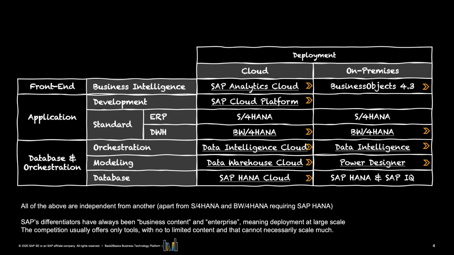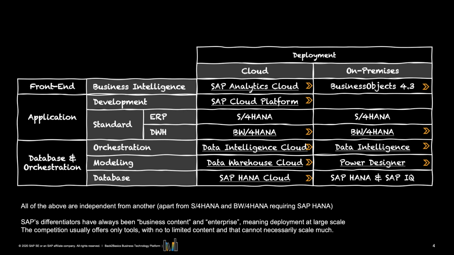That's a cloud environment to develop applications. Note that there is no correspondence in the on-premises world because SAP doesn't have any deployment solution for non-extensions of ERP. Typically, the extensions and the development are done within the ERP.